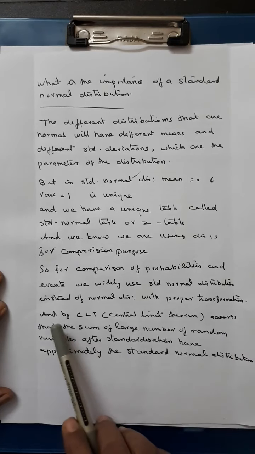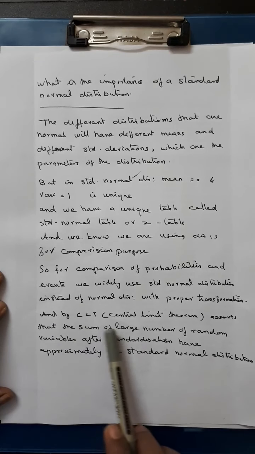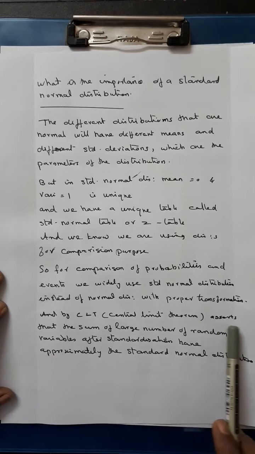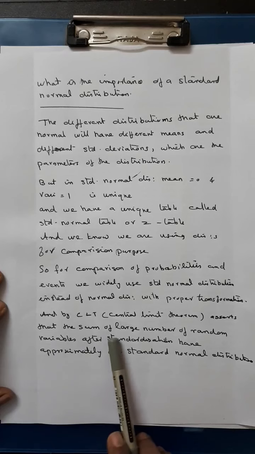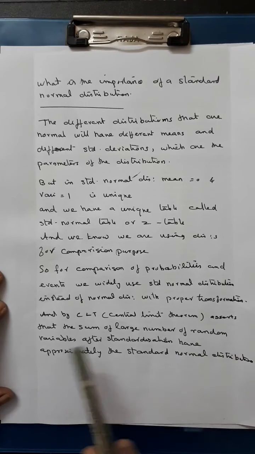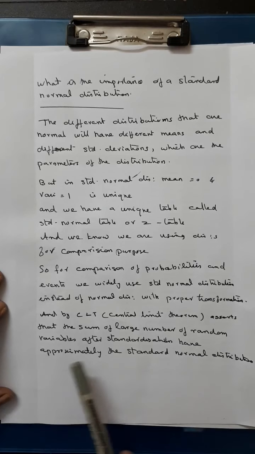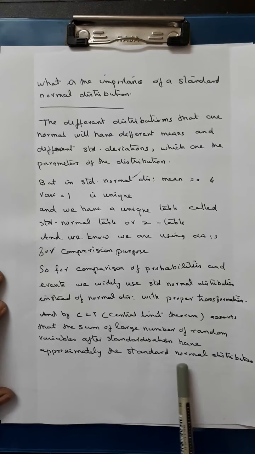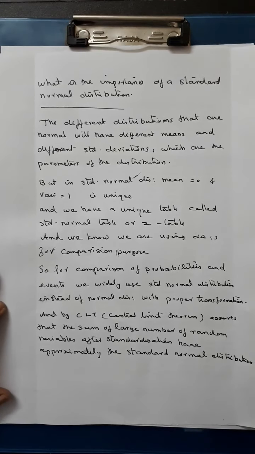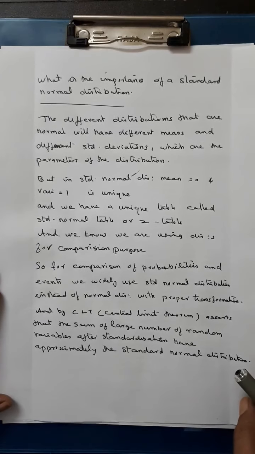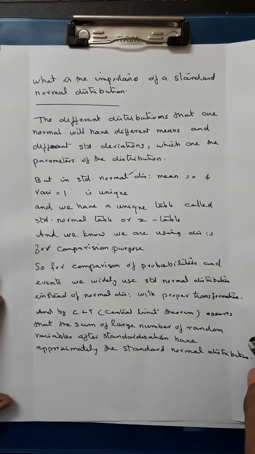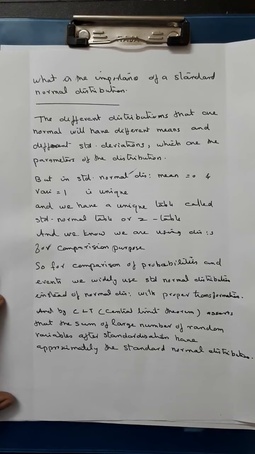The central limit theorem, CLT, asserts that the sum of a large number of random variables, after standardization, has approximately the standard normal distribution. That again assures the importance of the standard normal distribution.